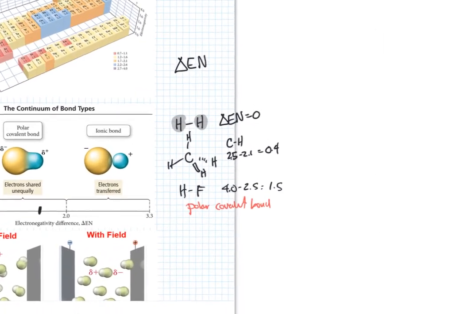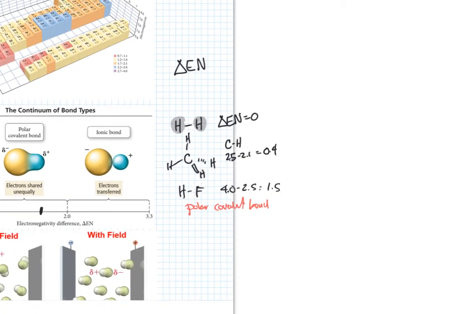Okay, there's a review from chapter 9. And remember we did something like this. We said if you have an HF molecule, you've got extra electrons over here, and when we were sketching out the electron distribution, it might look something like this. All right, and we would say that there's a partial negative charge on the fluorine, we'd say there's a partial positive charge on the hydrogen.